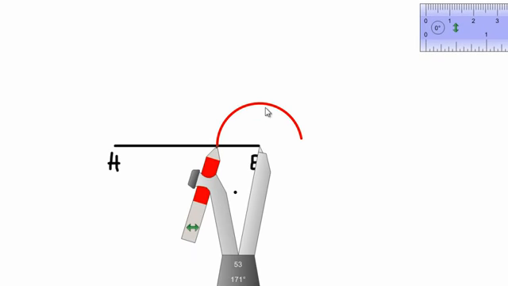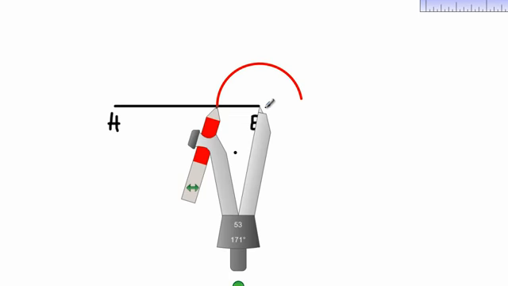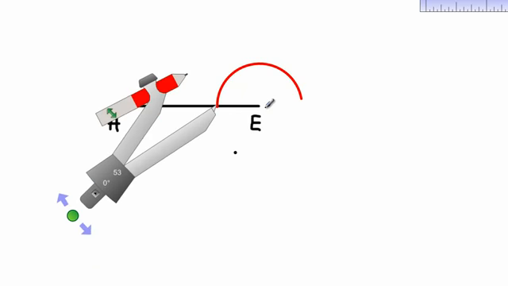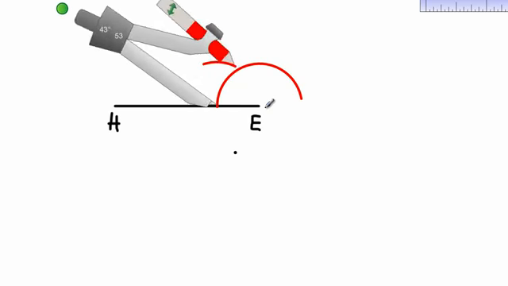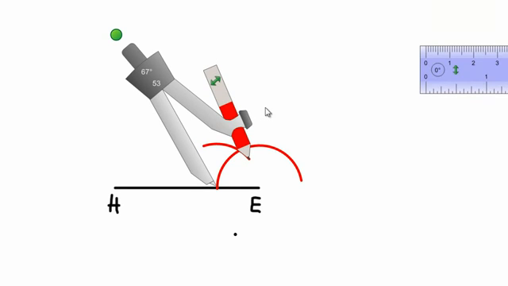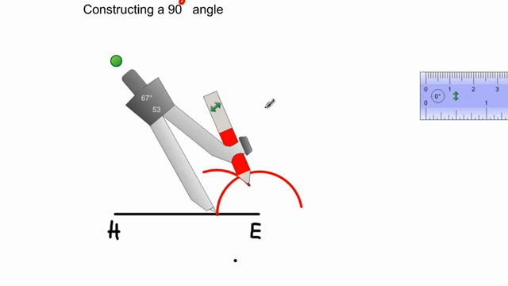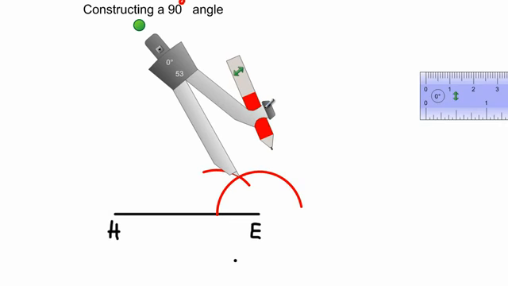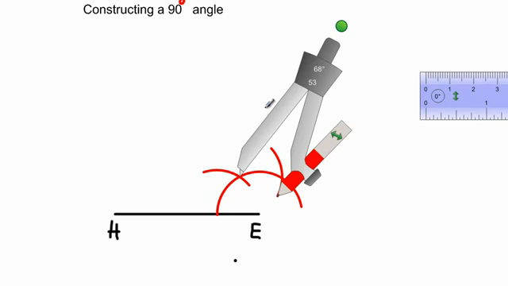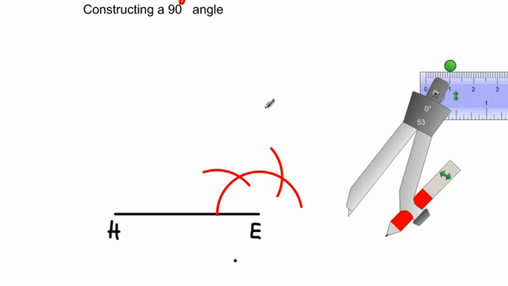Now, since I've swung an arc that cuts the line segment HE, I'm going to take my compass and again swing an arc here. From previous lessons you would have already known that that would be a 60-degree angle, and if I take my compass and place it here, again this angle that I'm now cutting would be 120 degrees.